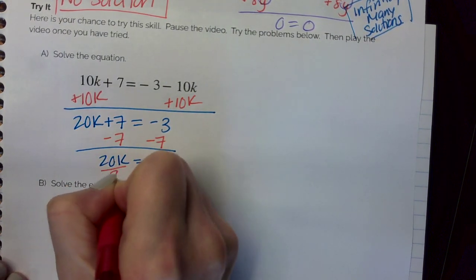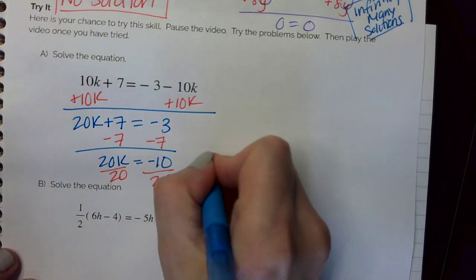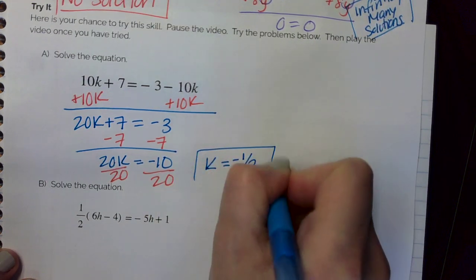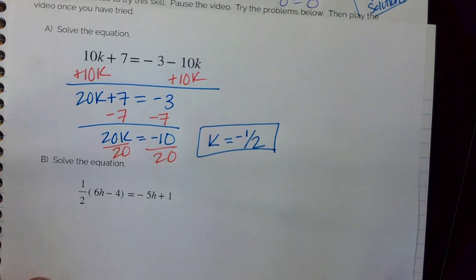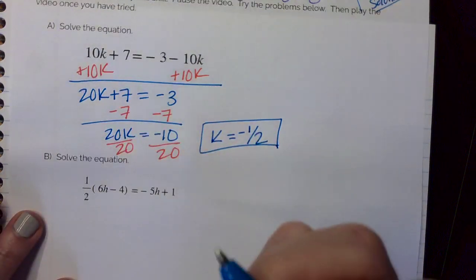Instead of multiplying by 20, let's divide by 20. We will get k equals negative 1/2. It's a good habit to check your solution. I'm not going to do that for this problem, or for either try it, because I feel like I'm going over my time and you can check on your own.